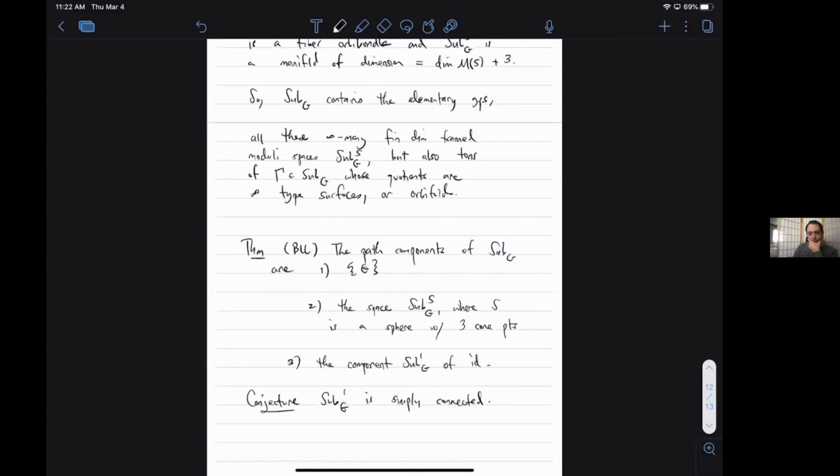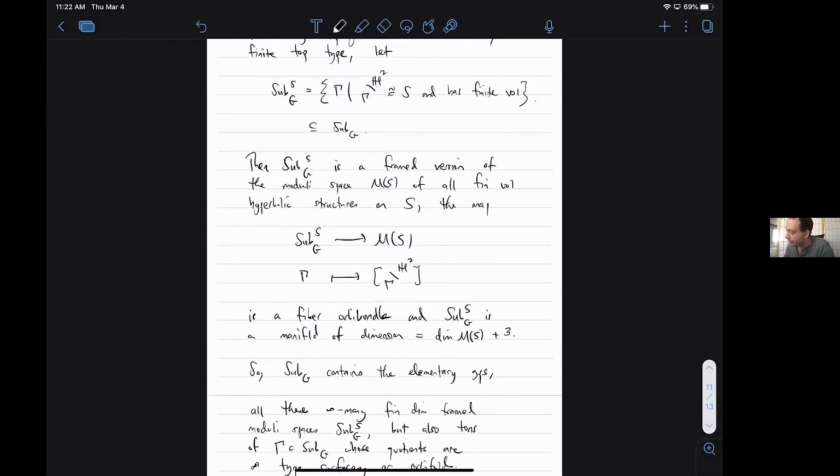Any other questions for Ian? Is there any heuristic for the dimension count? Say again, sorry. Is there any heuristic for the dimension count? This is for the space of such structures. Oh yeah, right.